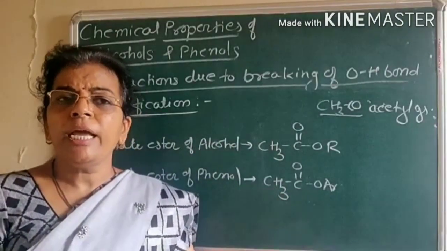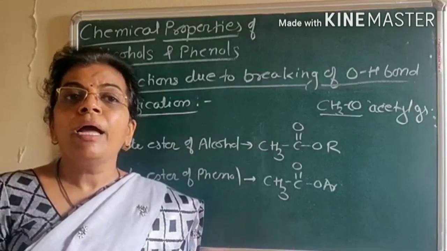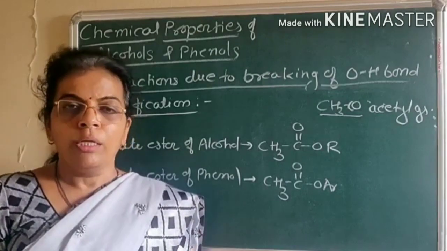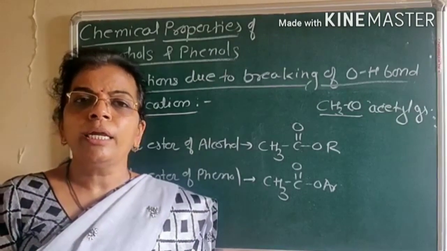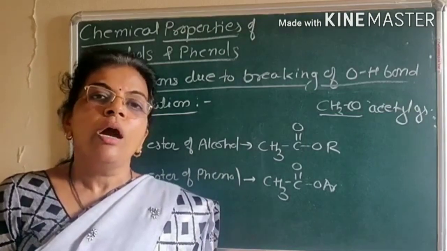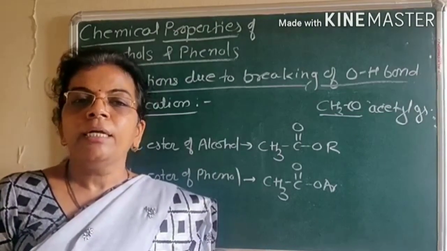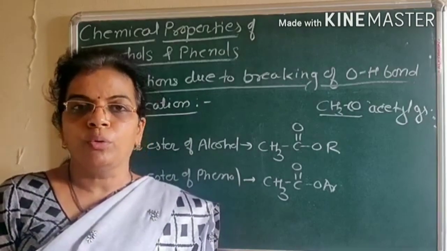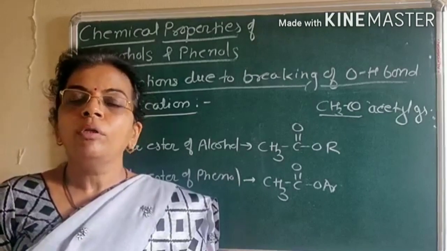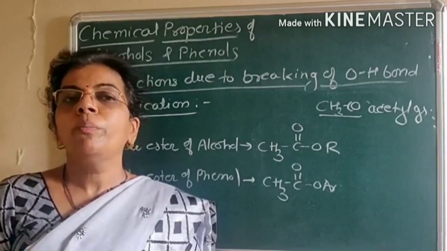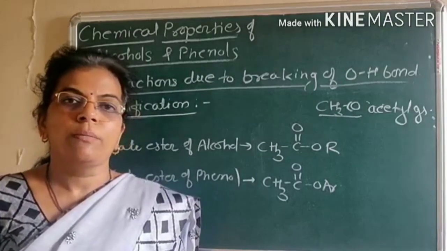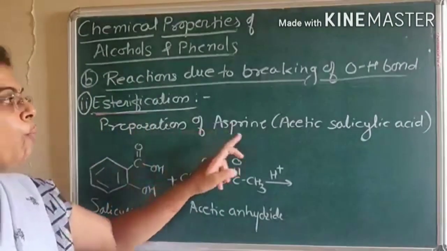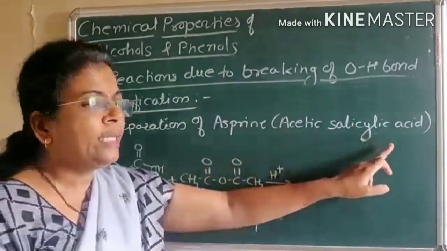This reaction can be used to identify the number of hydroxy groups present in alcohols or phenols. When alcohols containing one or more hydroxy groups are treated with acetic acid, we get acetyl derivatives of all hydroxy groups, and we can identify how many hydroxy groups are present. Now in esterification we are going to see the preparation of aspirin, that is acetylsalicylic acid.